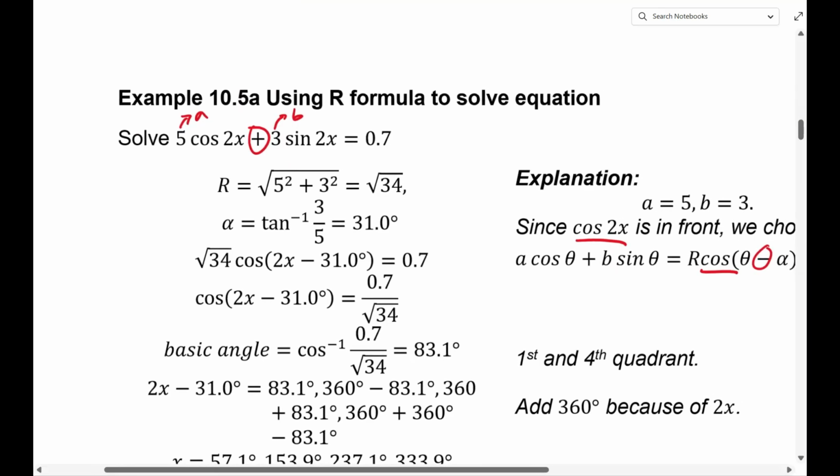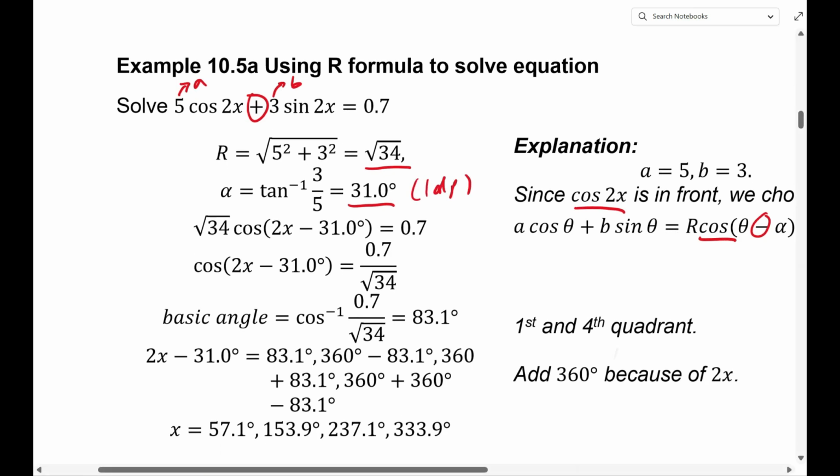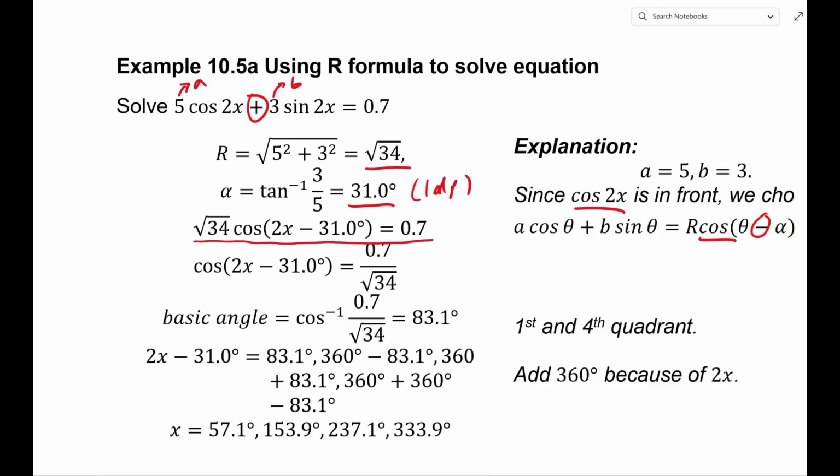Now we can use the formula to get our r value, which is the square root of a squared plus b squared. You'll end up with square root 34. And to get our basic angle, tangent inverse of b over a, which is 3 over 5, gives you 31.0 degrees, rounding to 1 dp. Therefore, subbing back your r value and basic angle, you get square root 34 cosine 2x minus 31 degrees equals 0.7.